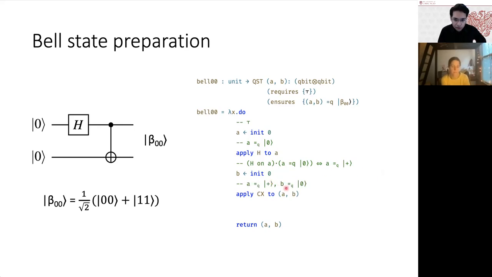Then we initialize another qubit that gets added to the propositions. So B equal to ket 0. And then like we did above, we apply the CX gate on the previous proposition, which was this, which can be further simplified to exactly the state. And return does not really do anything special in this case because we have the right postcondition we wanted.